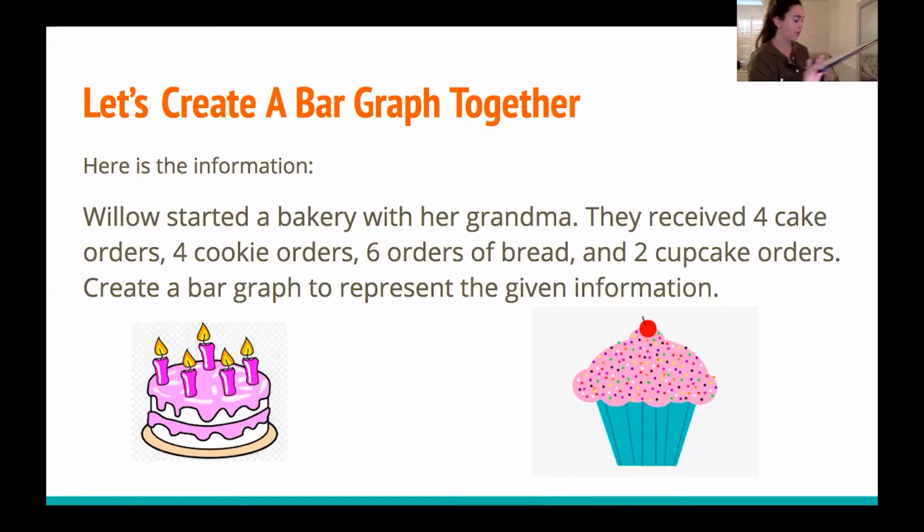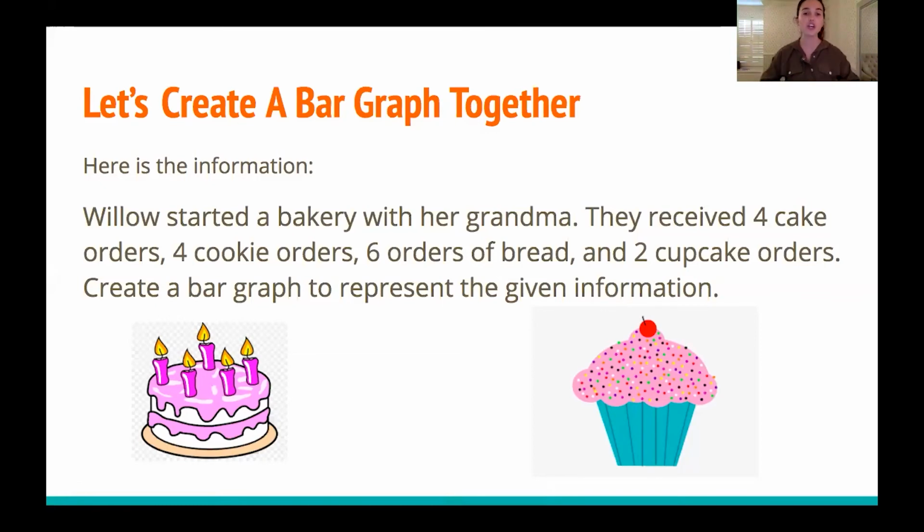So find our 4 on the y-axis. Draw your line here. And if you're like me, I like to color this in, so go ahead and do just that. Perfect. Colored that in. Awesome.